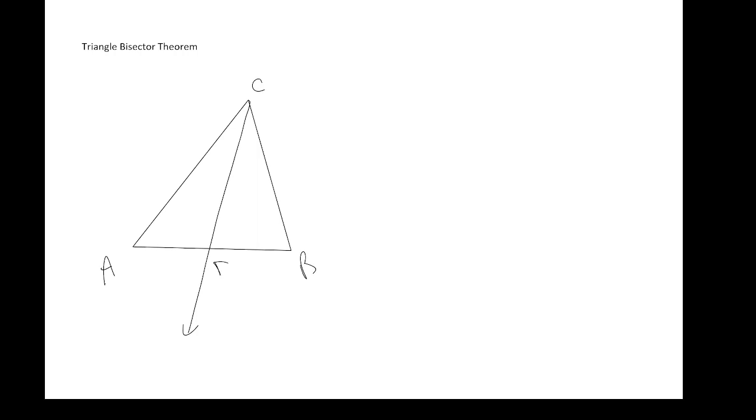So here we go. We have triangle ABC with CD being an angle bisector, okay? So this is what our theorem says.